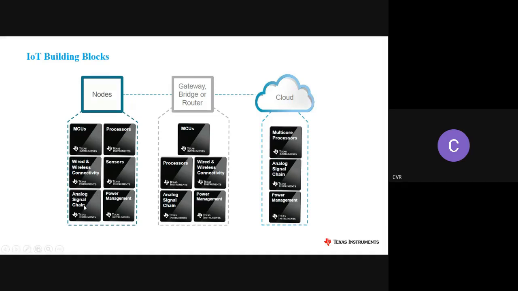Once you convert that signal into digital, you take the data into the processor, where you do further processing. Once the data is processed, you send it through the wireless module, where we use different kinds of wireless technologies. Overall, you also have to manage the power of the node from the microcontroller.